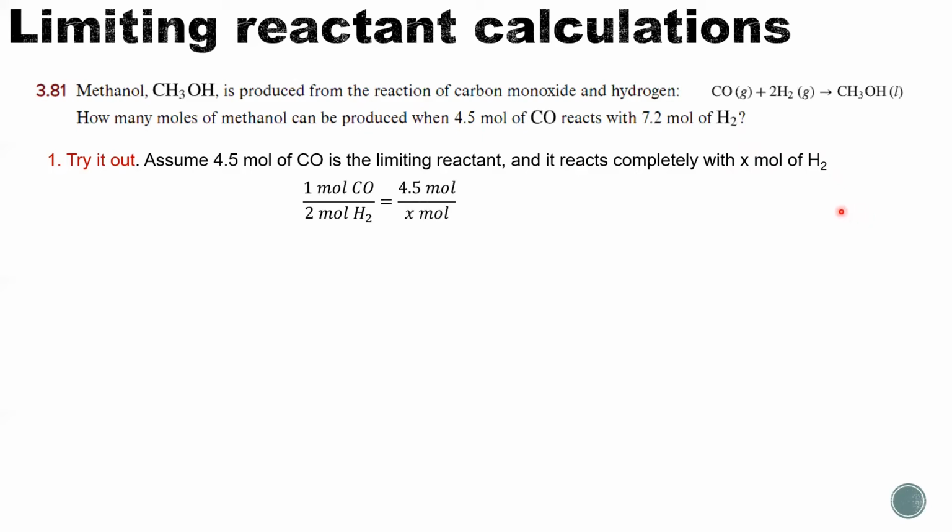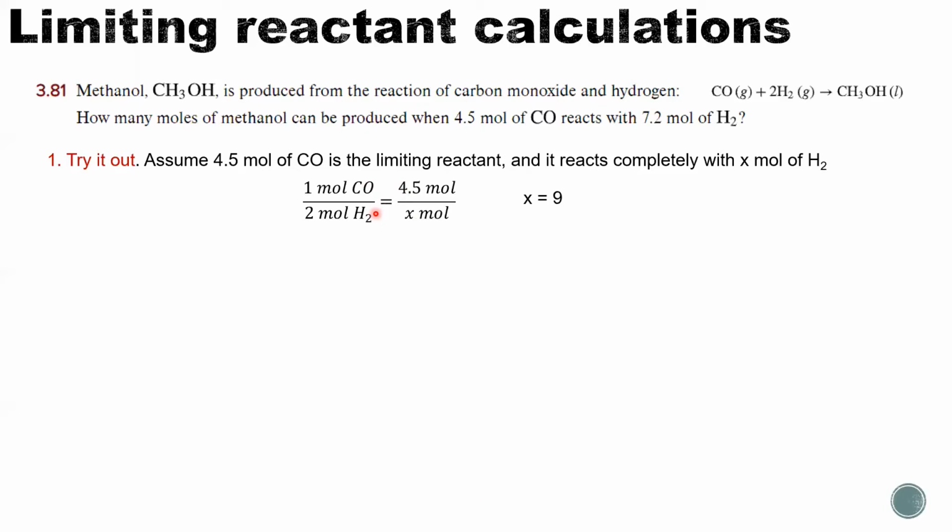Then we establish the proportion. 1 mole of CO from the chemical equation reacts with 2 mole of hydrogen, so 1-to-2. And then in the real world, we have 4.5 moles of CO. We assume it's the limiting reactant and it needs to react with X moles of hydrogen. Cross multiply this, and you can solve: X equals 9.